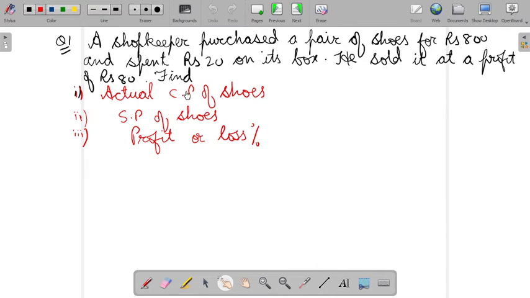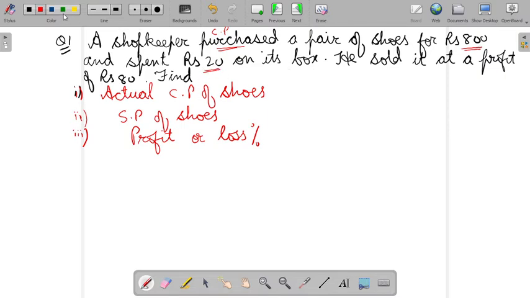Question 1: a shopkeeper purchased a pair of shoes for rupees 800, purchased means cost price, and spent 20 rupees on its box.